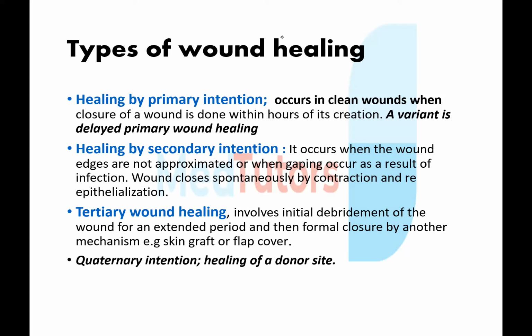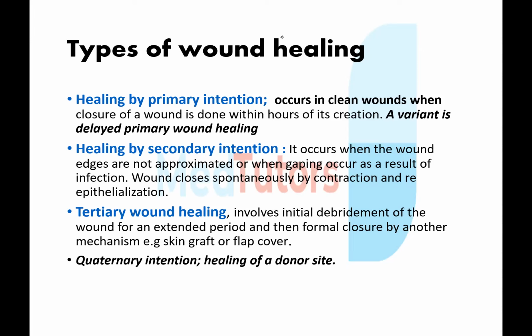type of wound healing is called healing by secondary intention. It occurs when the wound edges are not approximated or when gaping occurs. There is tissue loss here. You should know in healing by primary intention, there is no tissue loss. The edges are apposed.